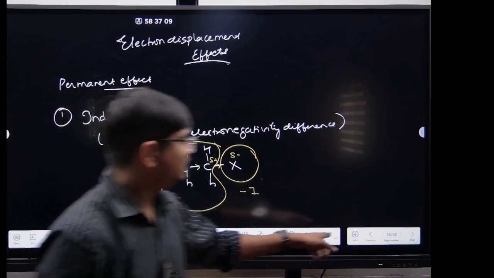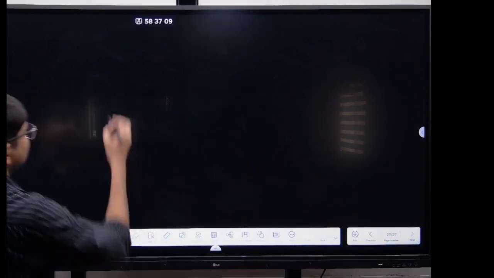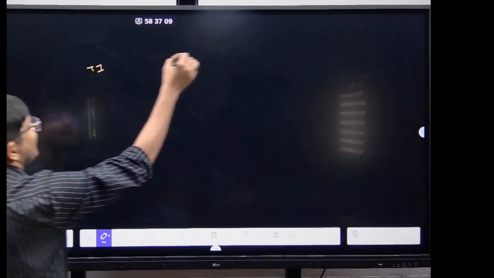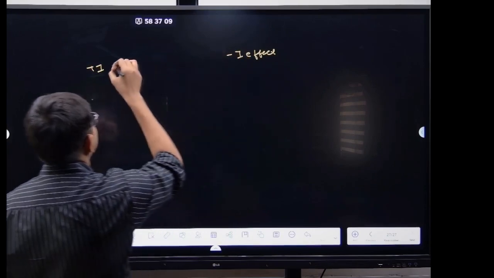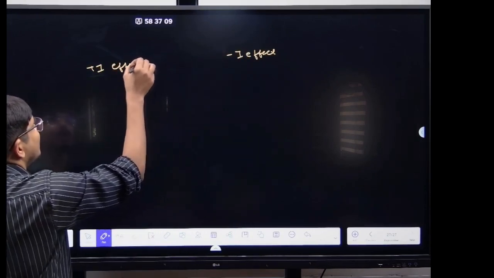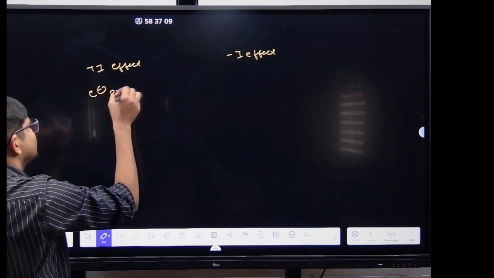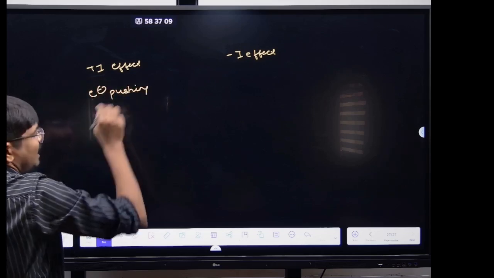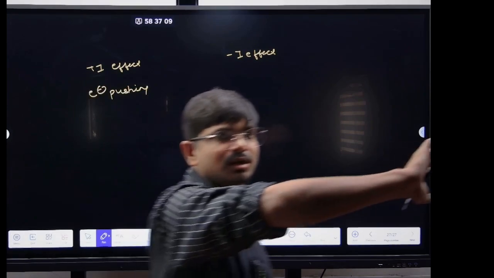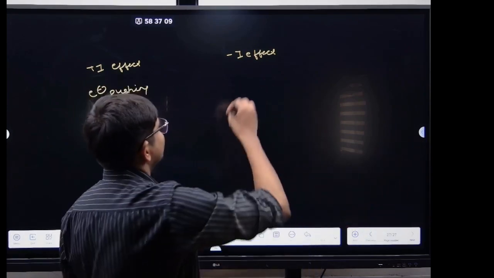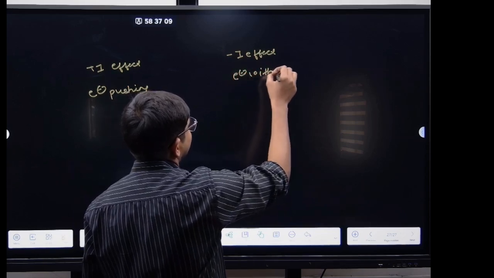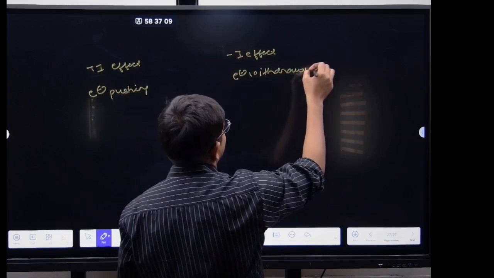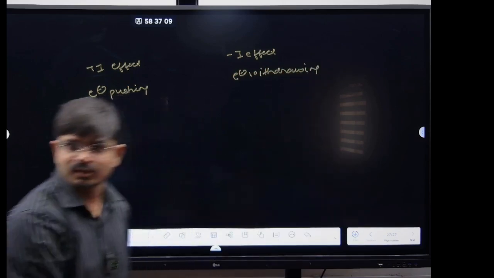So I can write here the plus I effect and the minus I effect. Plus I effect means electron pushing one, right? Clear? Electron density को push कर रहा है. Whereas this minus I effect is basically electron withdrawing. Got it? Electron withdrawing, or you can say electron attracting one.